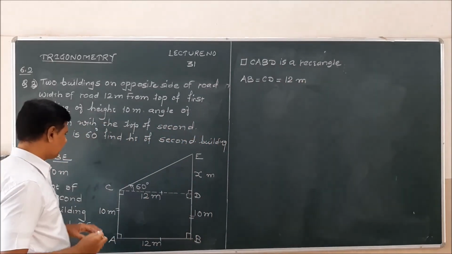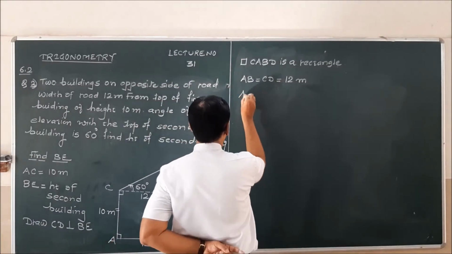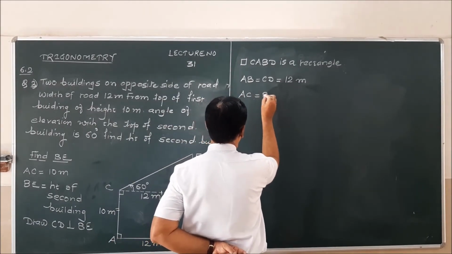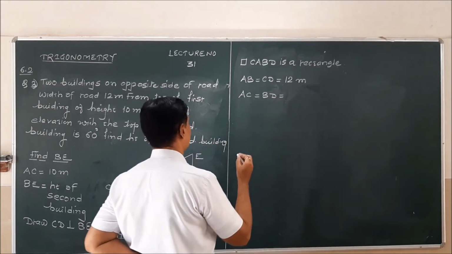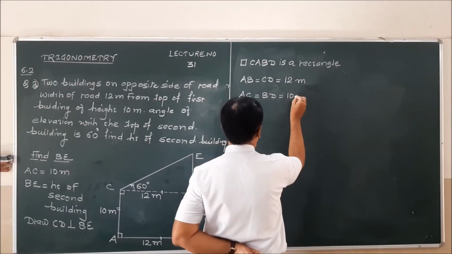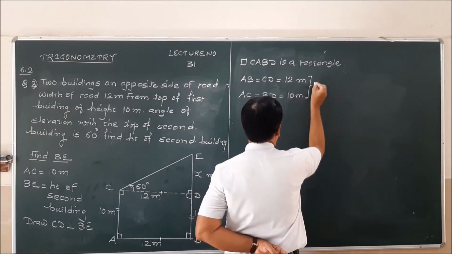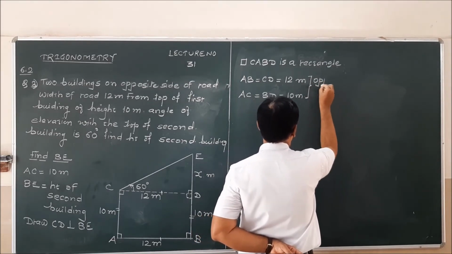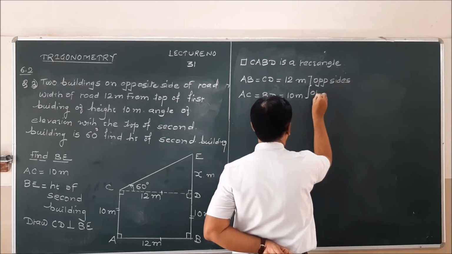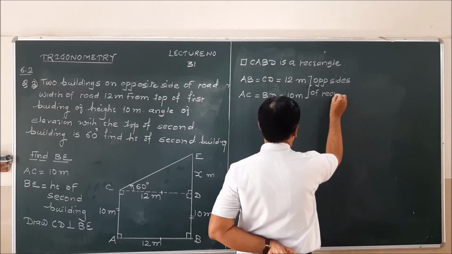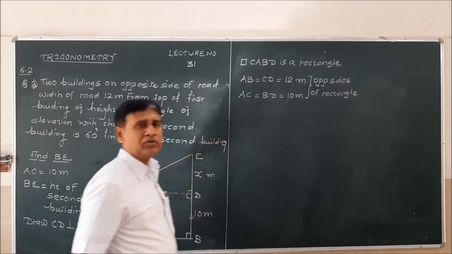AC is equal to BD, which is 10 meter. These are opposite sides of the rectangle.